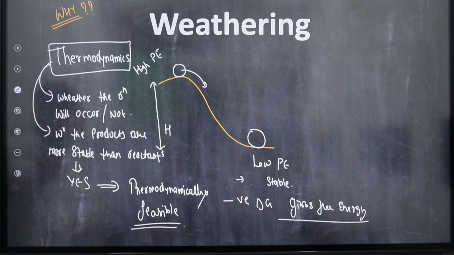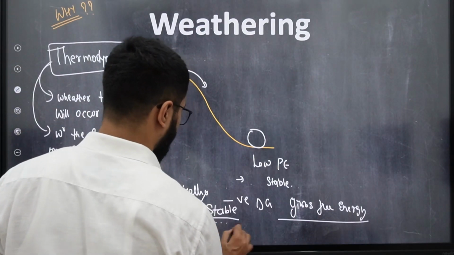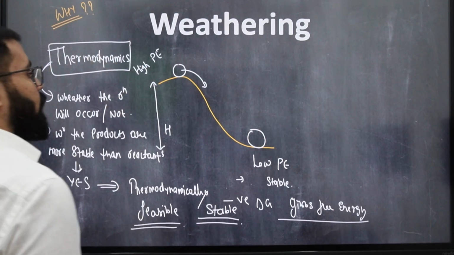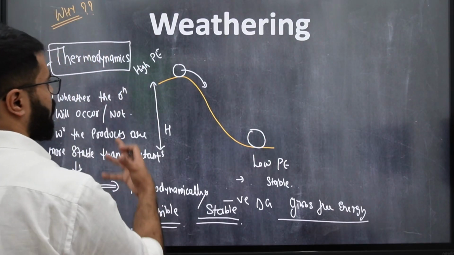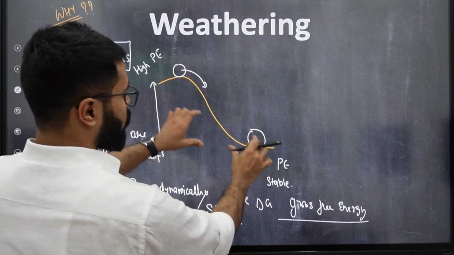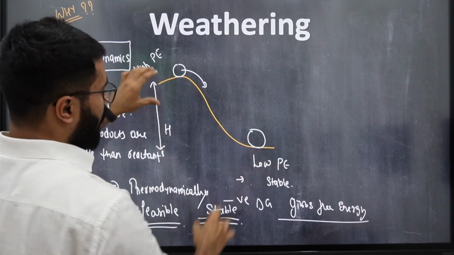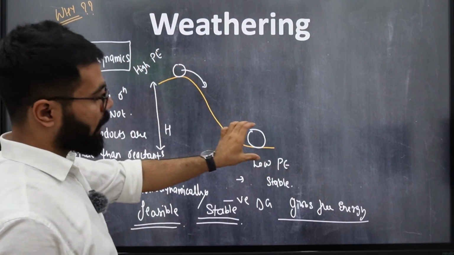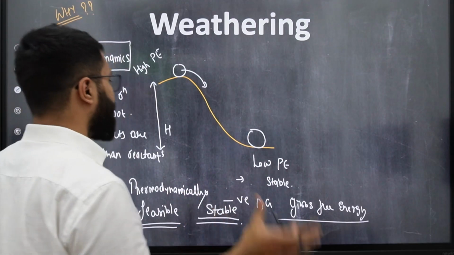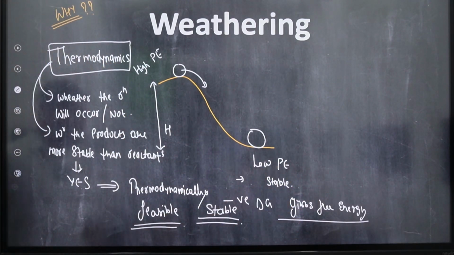And it is thermodynamically stable. Higher potential to lower potential. Similarly, from this reactant to this product, a lot of Gibbs energy is released because every reactant wants to attain a stable position. Why am I talking about this? It will be more clear in the upcoming few minutes.